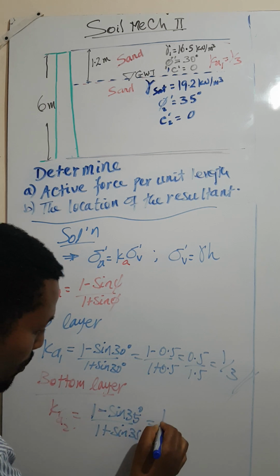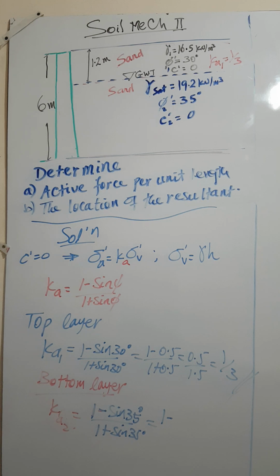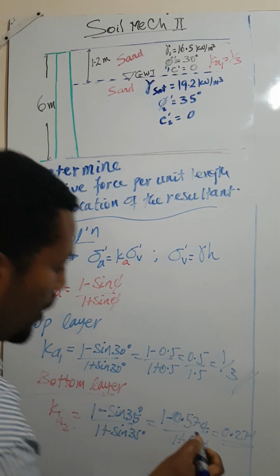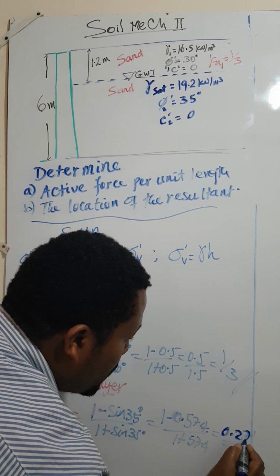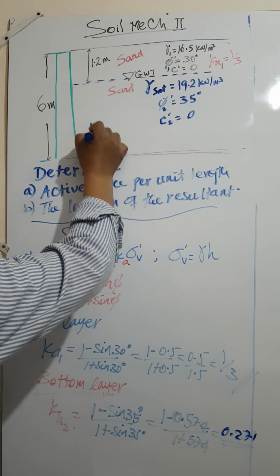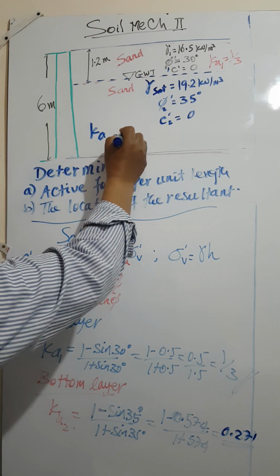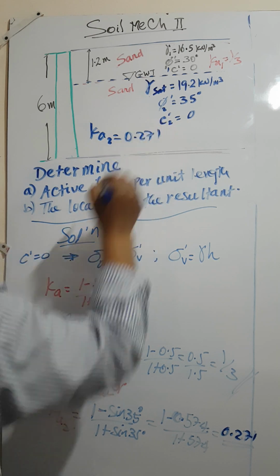Using the calculator, this is 0.271. So KA2 is equal to 0.271.